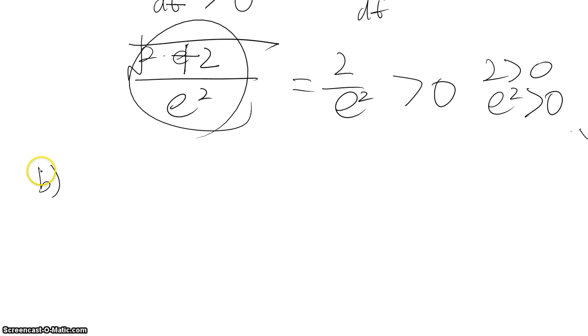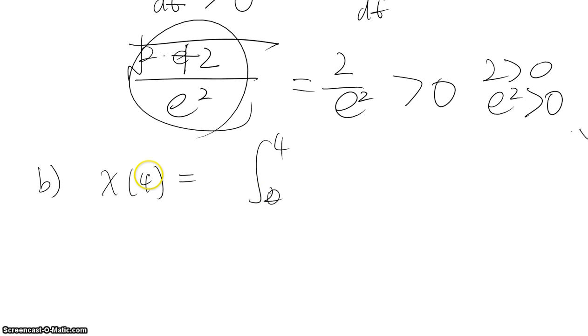Question B is asking me to get an x coordinate at t equals 4. X coordinate means that I'm integrating dx/dt with respect to t. That would be x of 4 equals the integral from 2 to 4.